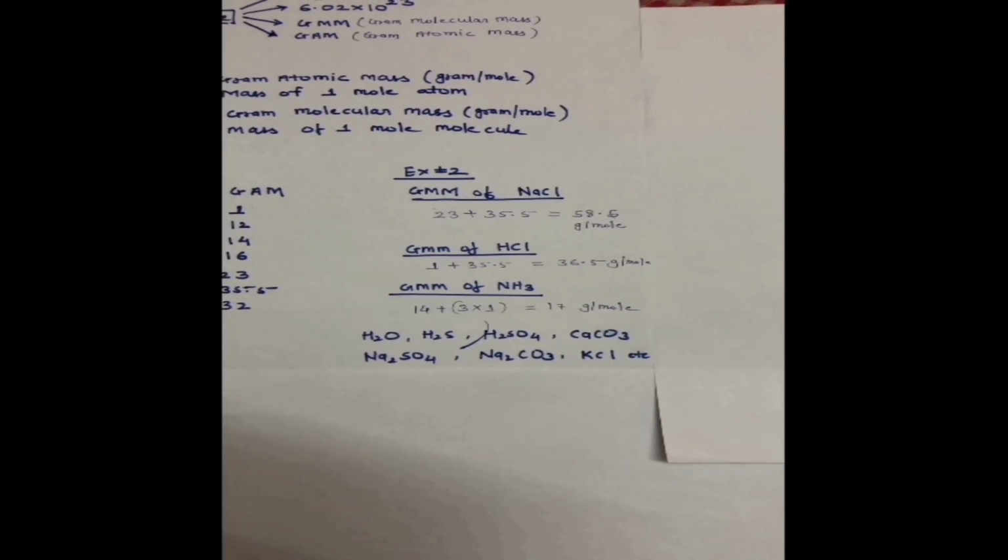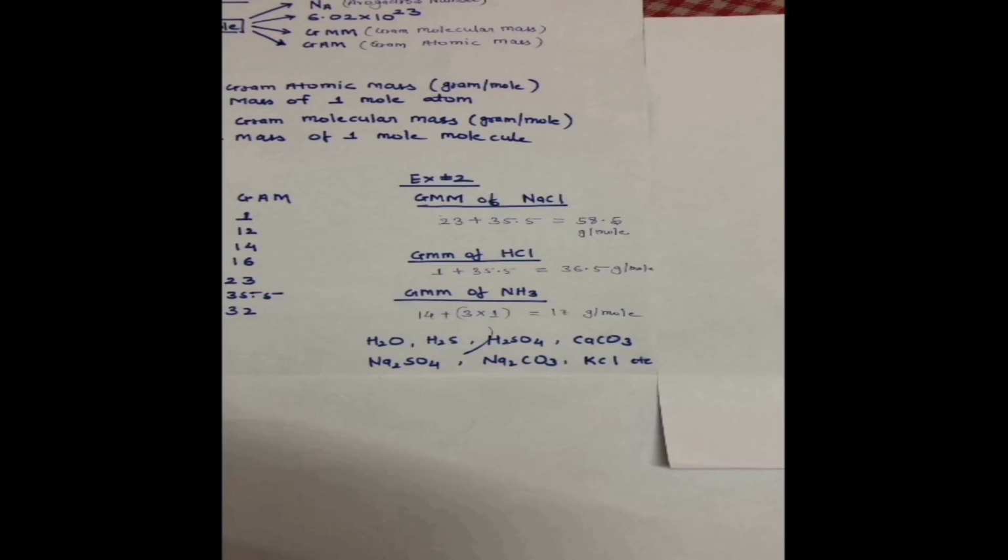Now in example 2, suppose we have to calculate gram molecular mass of any molecule. Here NaCl is there, HCl is there, ammonia is there. So how can we calculate gram molecular mass of NaCl?